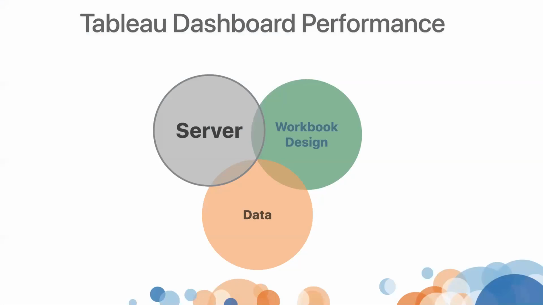When I think about Tableau dashboard performance, there are three things that heavily impact a dashboard render time. One is, of course, the workbook design. I have seen so many badly designed workbooks.